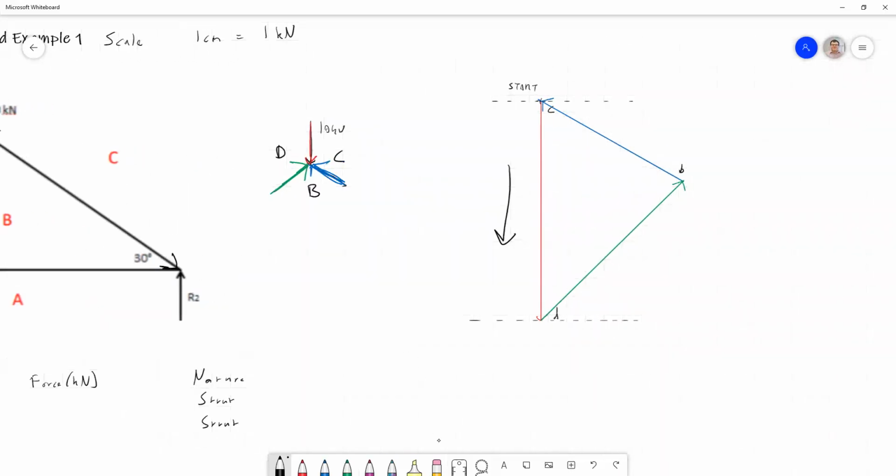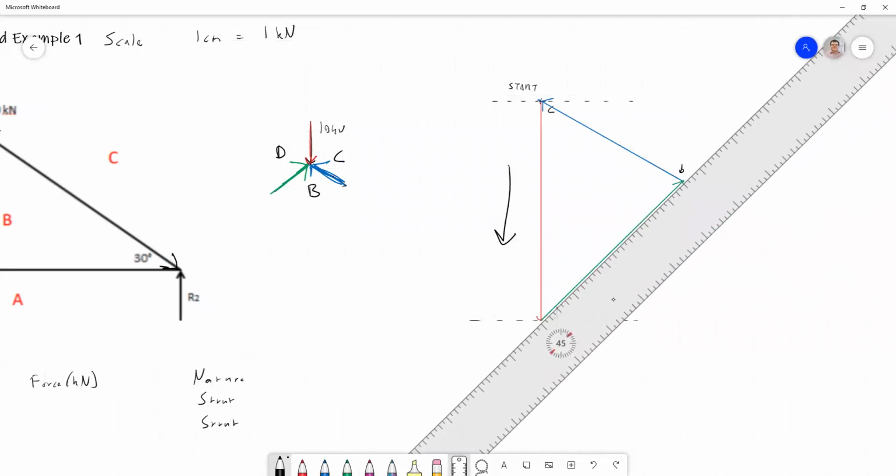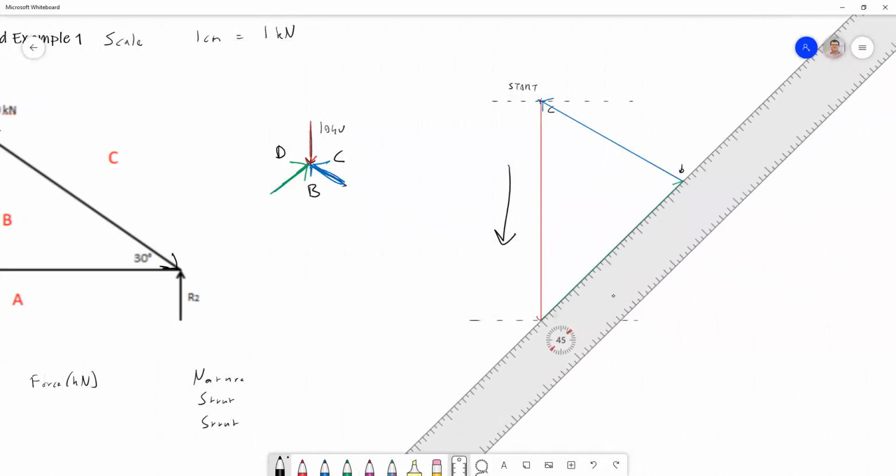Now, because this is a scale diagram, we can actually measure it. So what we're going to do, as we've done in learning outcome 2, is measure the length of the line here, and we can use that to convert it back into kilonewtons.